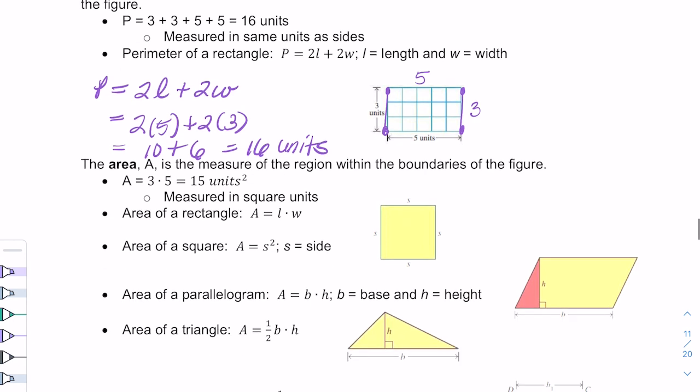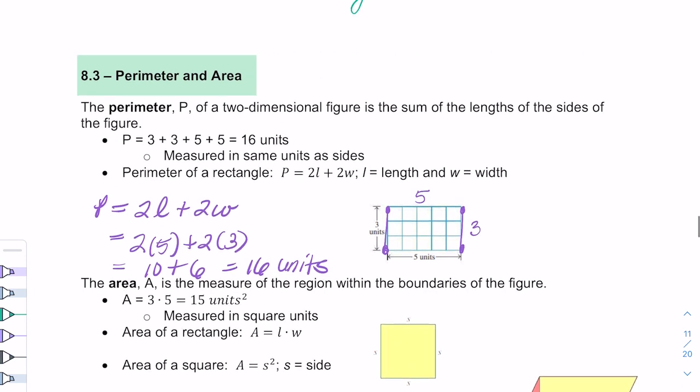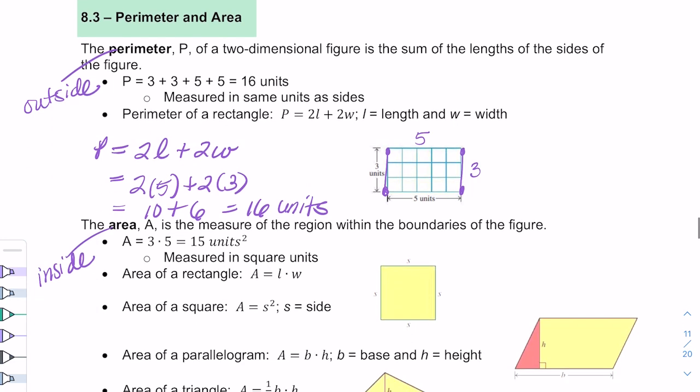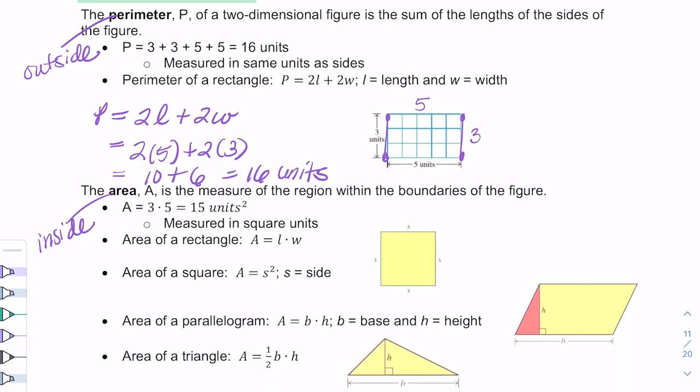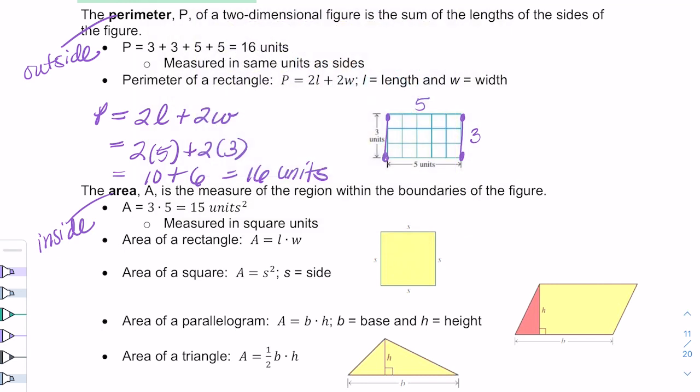The area is what's on the inside of the figure, and formally the definition is just the measure of the region within the boundaries of the figure. So you want to remember that perimeter, like think of perimeter alarm, it guards the outside of the figure. Perimeter deals with the outside, and area is the inside. So if I want to find the area, I am looking at what is on the inside of that figure.